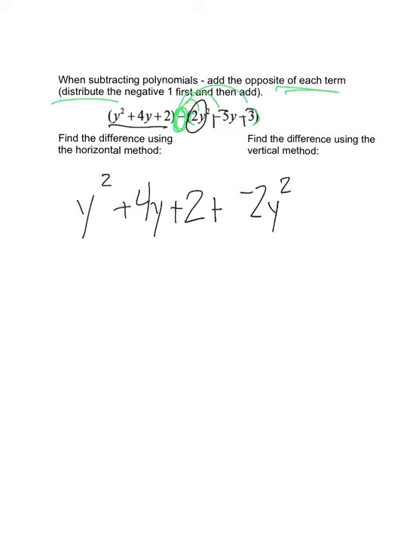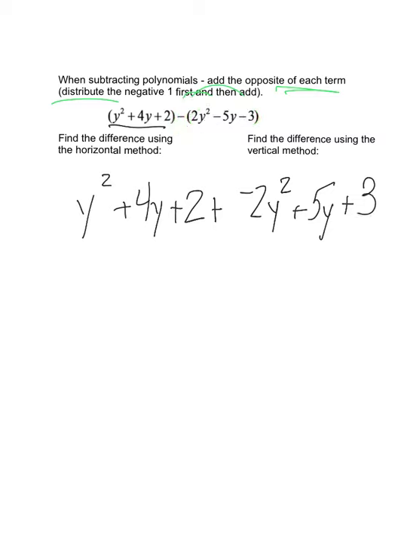So my first term, I'm going to keep it first expression. Okay, then this becomes a plus, and everything inside, I'm distributing that -1. So -2y squared, I turn this to a plus -5y, so plus 5y, turn this to a positive 3.